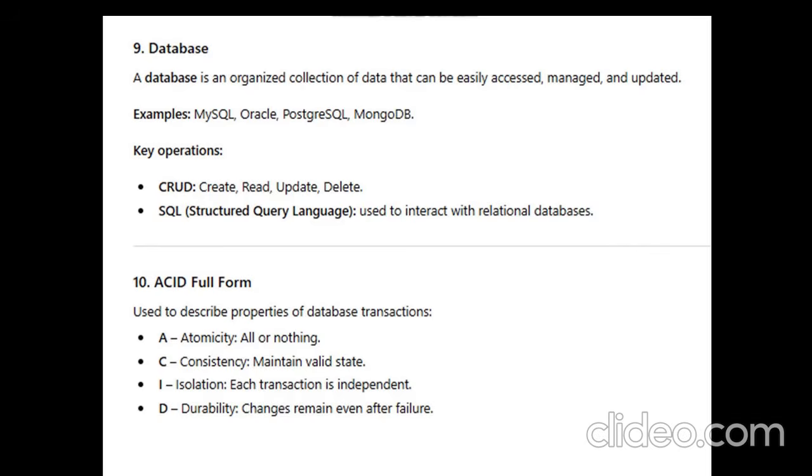So they will be checking the basic SQL knowledge. So you have to prepare the SQL definitions along with some queries. So ACID means atomicity, consistency, isolation, and durability. These properties ensure reliable database transactions.